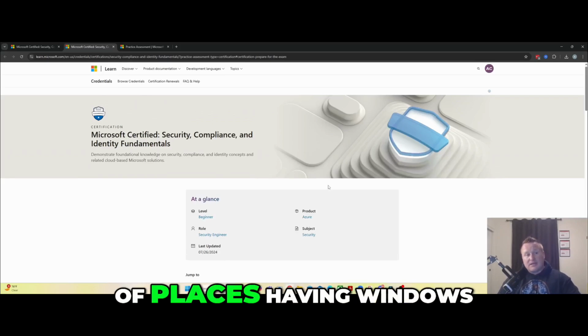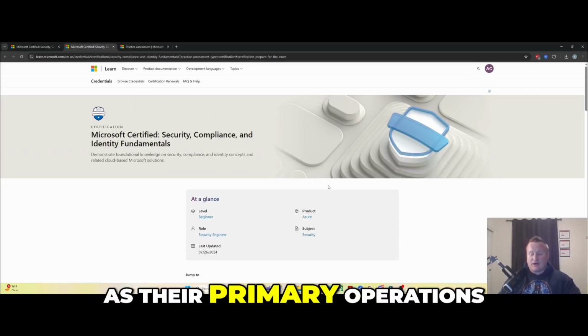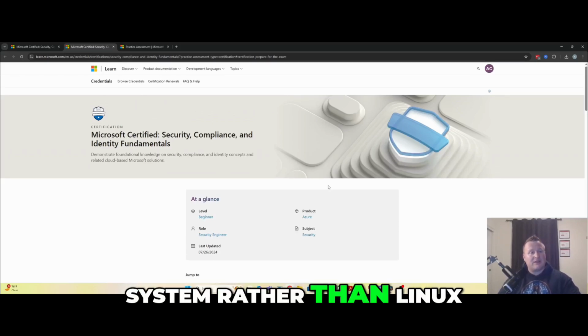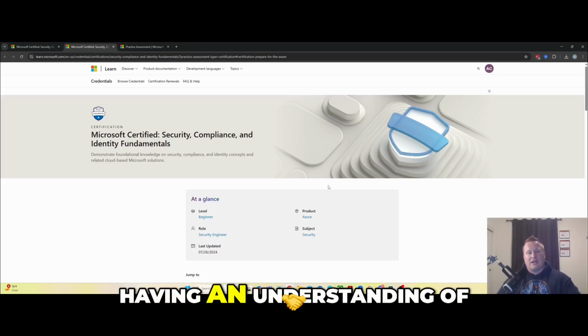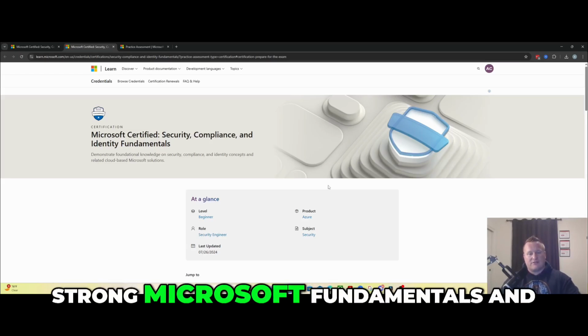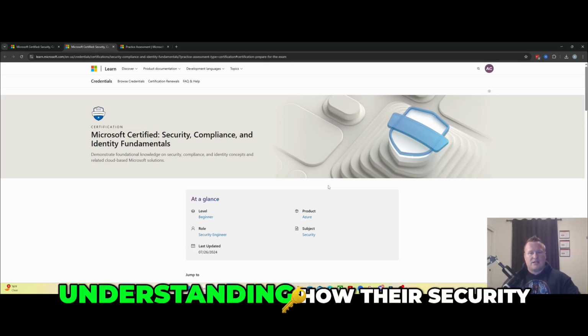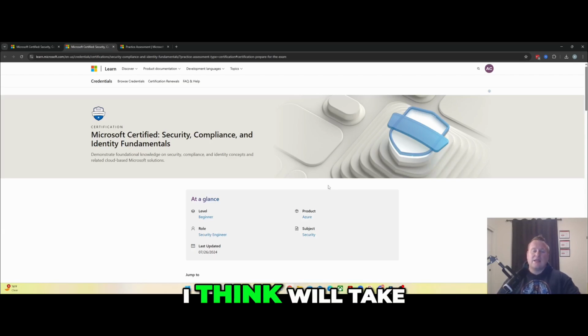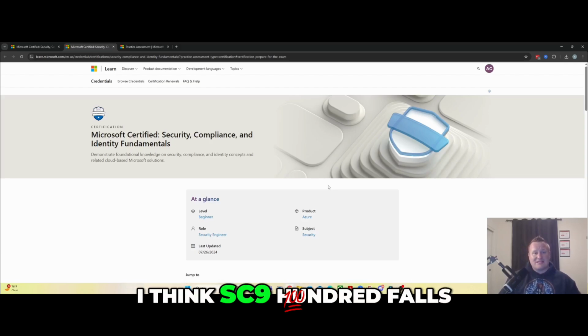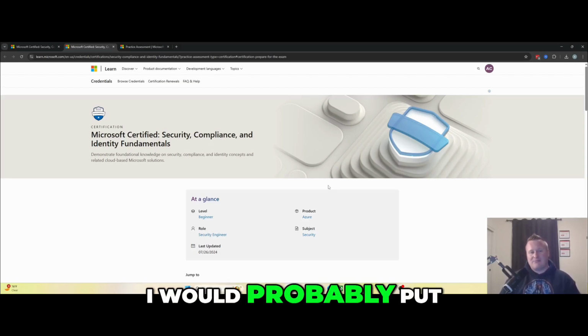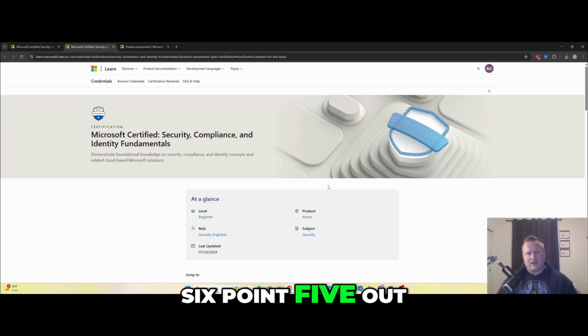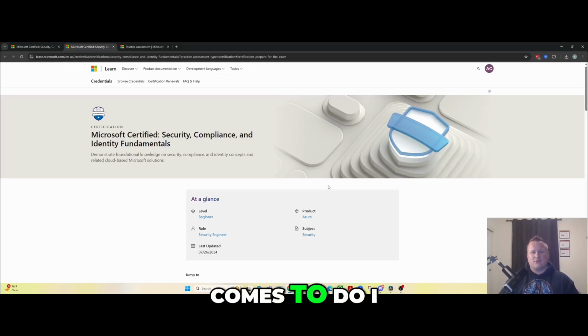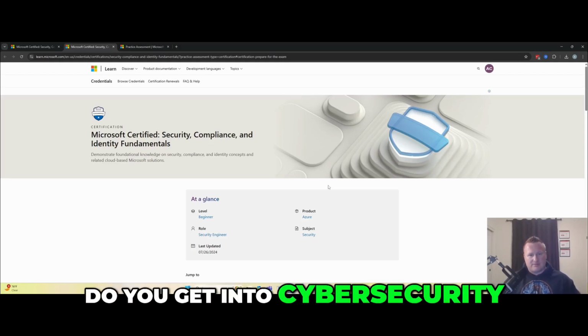But with a lot of places having Windows as their primary operating system rather than Linux, having a strong understanding of Microsoft fundamentals and how their security and compliance work on these hosts will take you a long way. So on a scale of 1 to 10, I would probably put SC-900 around a 6.5 out of 10 when it comes to, do I need this certification to get into cybersecurity?